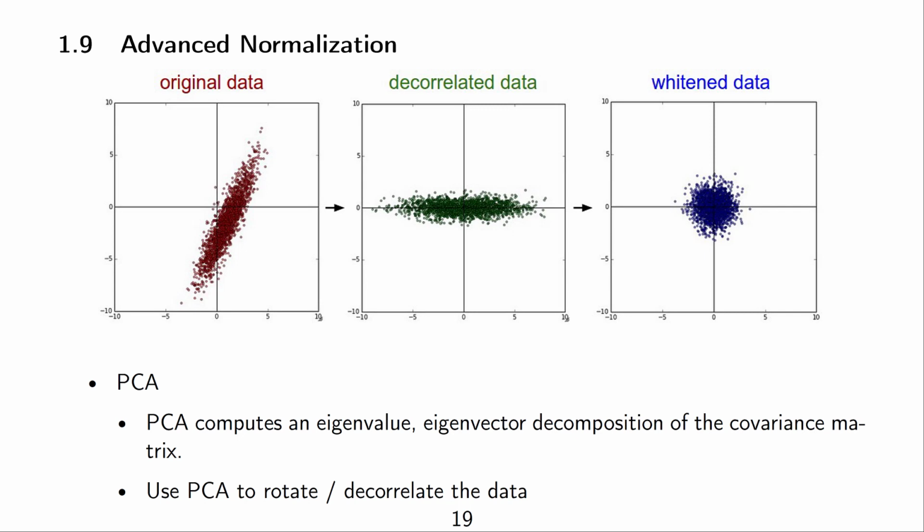Then we can use a standard linear algebra package to compute an eigenvalue, eigenvector decomposition. So if you look at this data set, then what we would expect is we would want to get the vectors, the eigenvectors, pointing along the major modes, the major variations in the data. So the first major variation would be along this axis here, and then the second variation would be orthogonal, would be along this axis here.